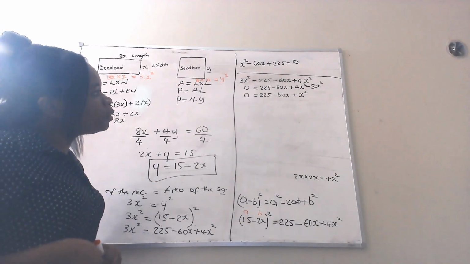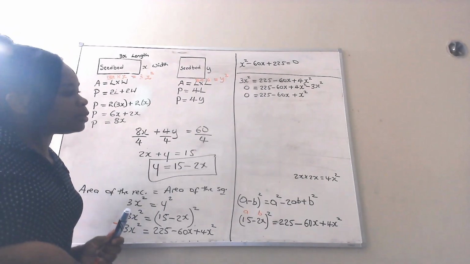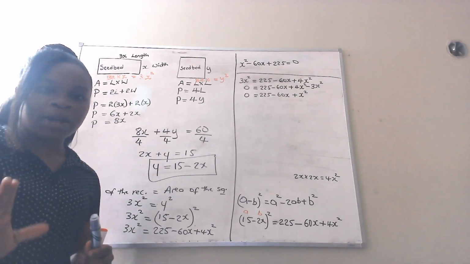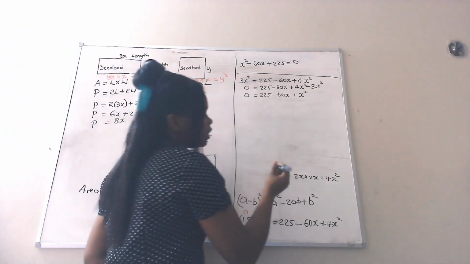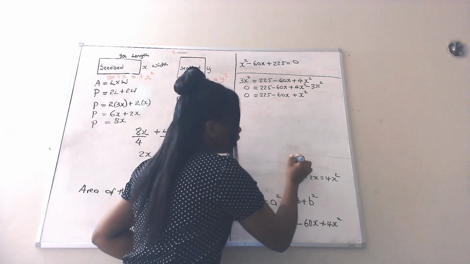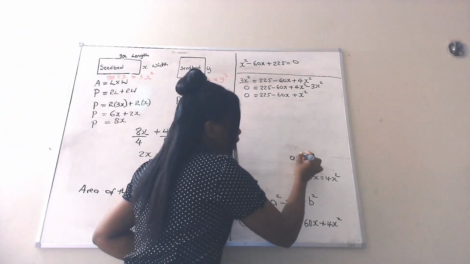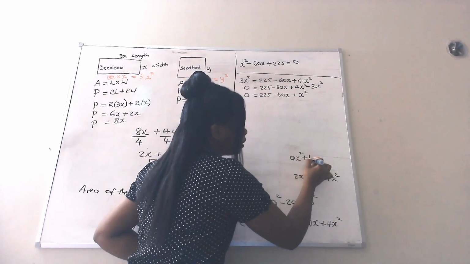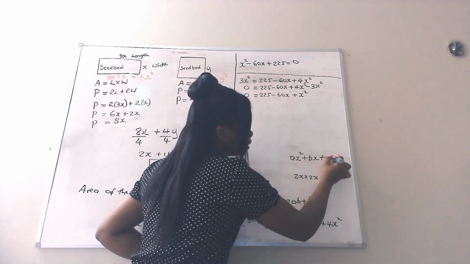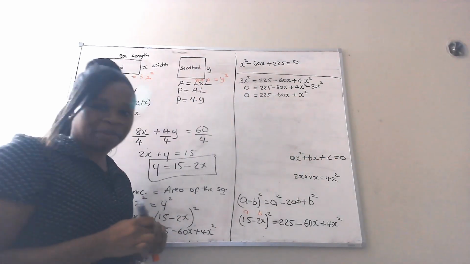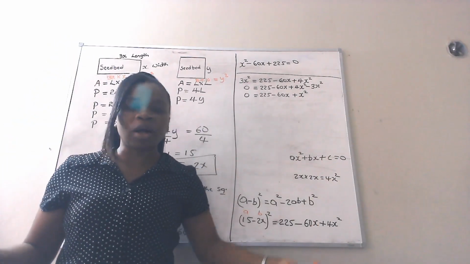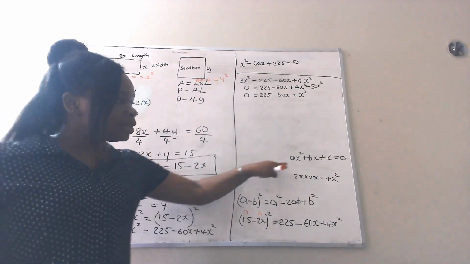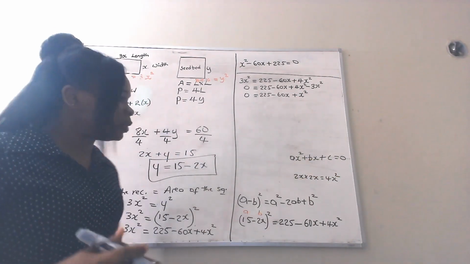And what we want to remember is a quadratic equation. It looks like this. This is what a quadratic equation looks like: ax squared plus bx plus c is equal to 0. And remember that the signs will always change, but just look at the order. So we're going to put it in order.